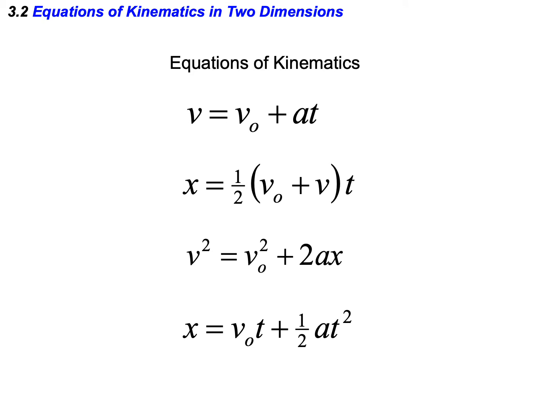These are the four equations we learned for motion of an object in one dimension. Final velocity is equal to initial velocity plus acceleration times time. Final velocity squared is equal to initial velocity squared plus 2 times acceleration times final position.